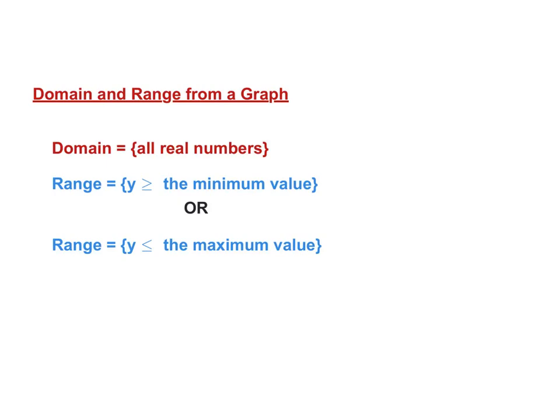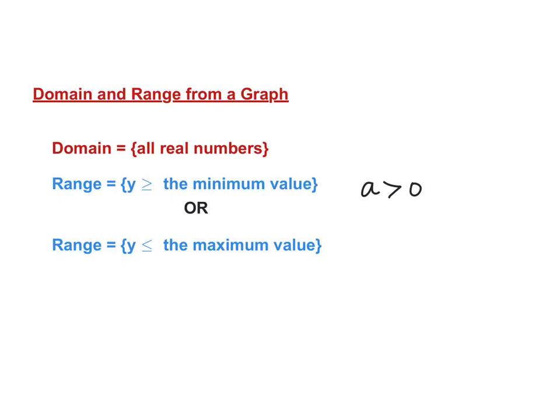Okay? If we're talking about a minimum value, we're telling you that A is positive. Because when A is positive and the parabola opens up, there is only a minimum value. There is no maximum value. It goes up on and on, forever up.